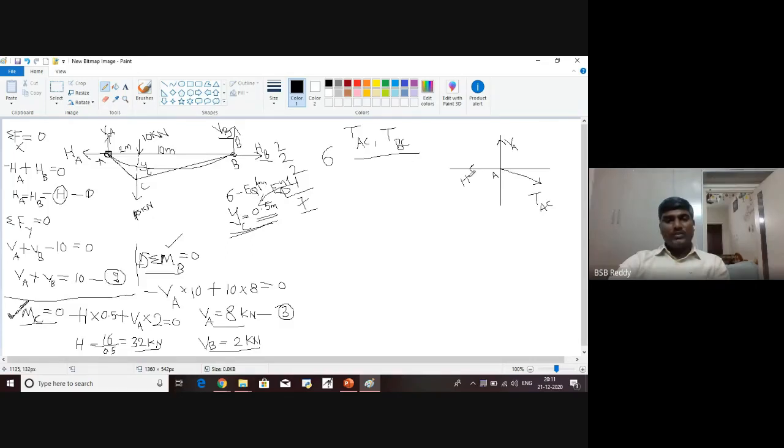So there are 3 forces acting on joint A. This is like the free body diagram of joint A. You can make 2 forces into 1 by way of resultant, because I know the H value, which is 32 kilonewtons, and I know the VA value, which is 8 kilonewtons.